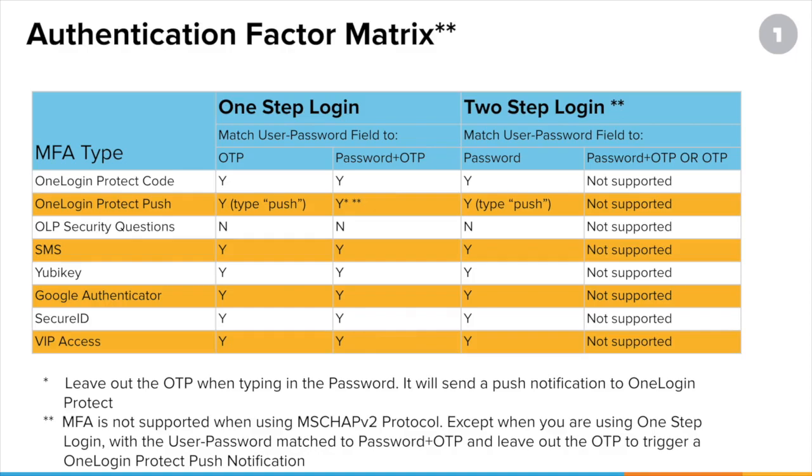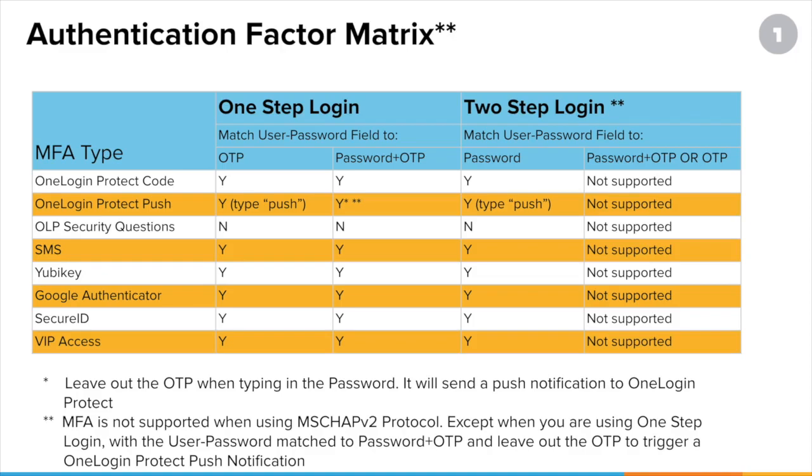And something to note there, MSCHAP v2 will not work for any of the OTP MFA type options here at all. So if you are using one of the authentication protocols involving MSCHAP v2, the only way that you can enable MFA is if you match user password field to password plus OTP, and then just type in the password.